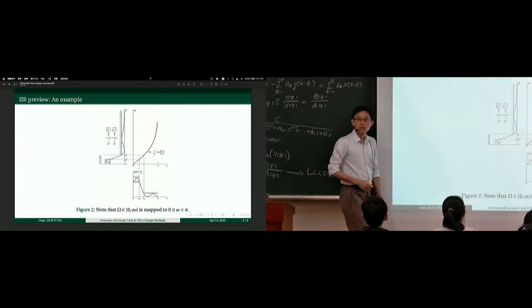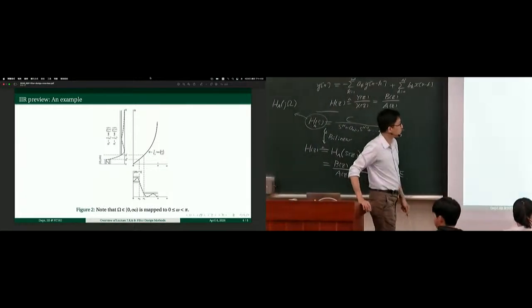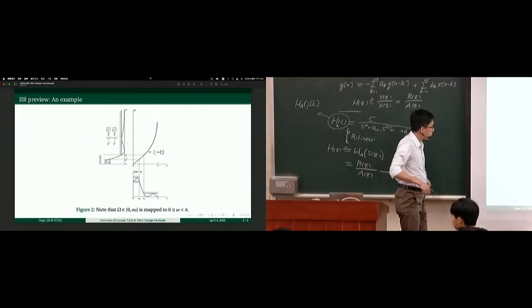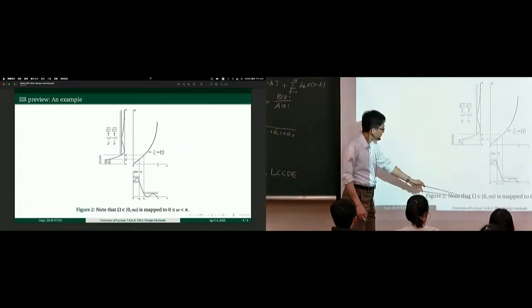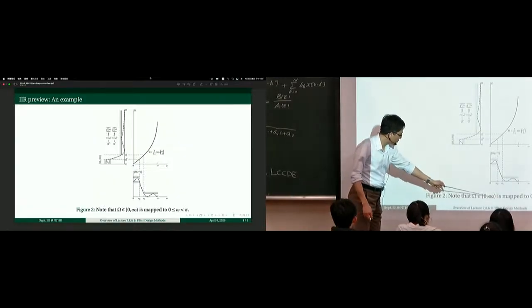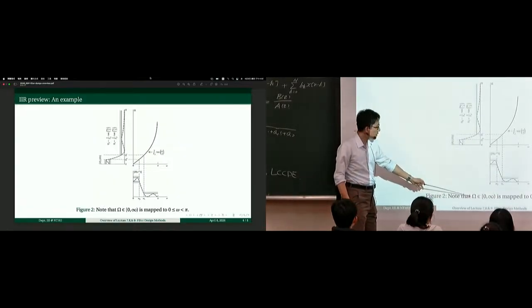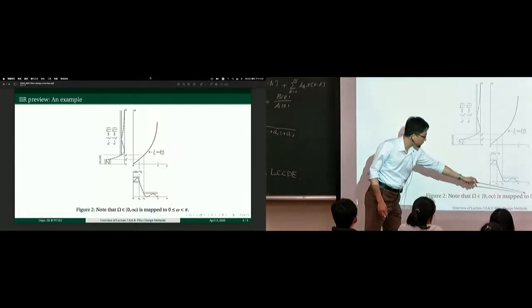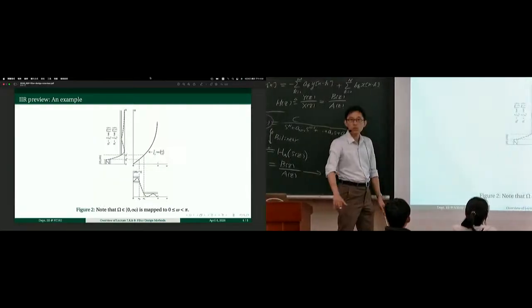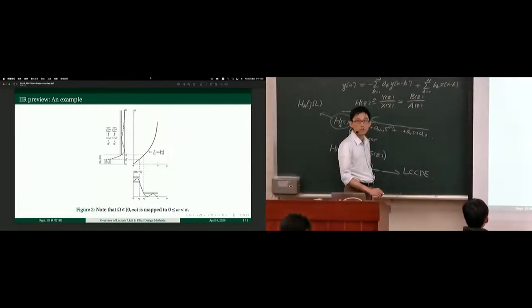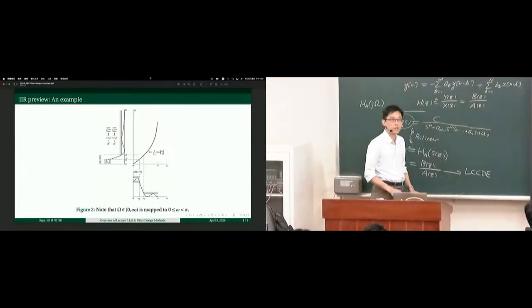It's a nice figure to refer to. Note that the infinite frequency range in big omega is now mapped to a finite range of 0 to pi. And that's the power, the beauty of the bilinear transformation. It does that for us.